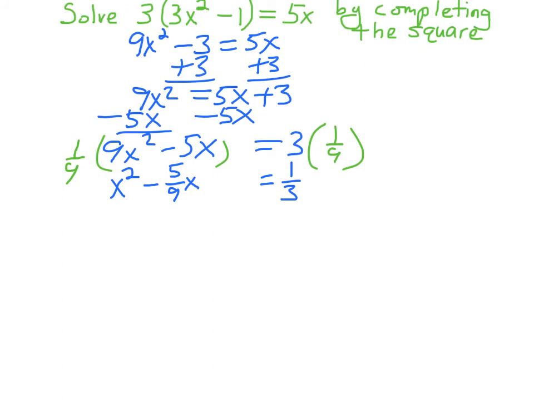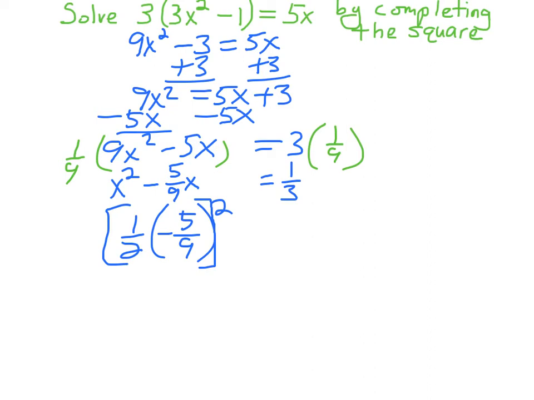I am going to take half of negative 5/9 and square it. Don't need those parentheses. So I'm going to square. I need parentheses like that. Okay. So anyways, I get negative 5/18.